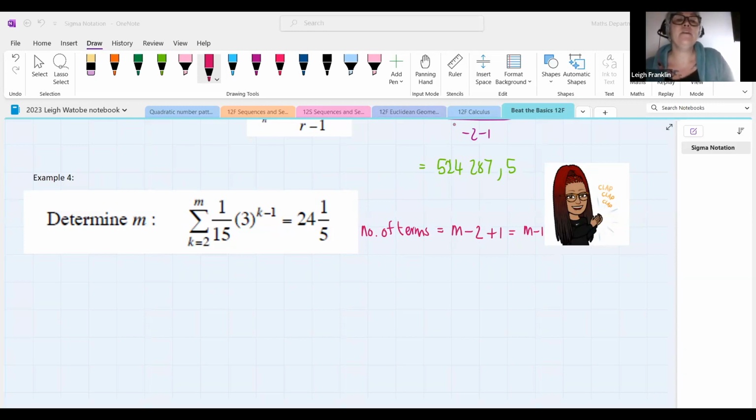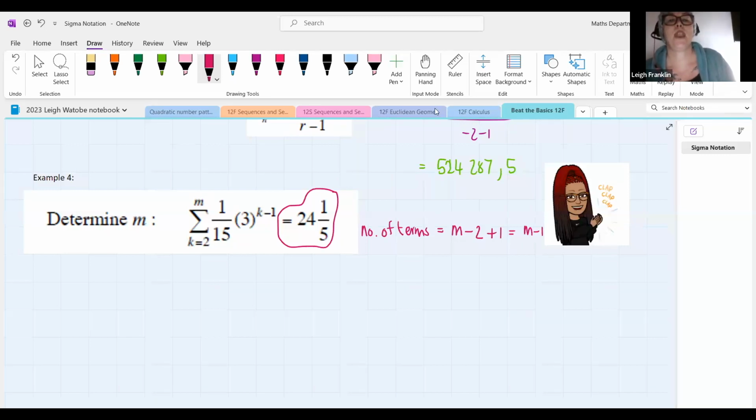The other thing, what does this bit mean that I'm busy drawing a purple circle around? Why are they now telling us that it is equal to 24 and 1 over 5? Yes, Amahle, what does that mean? Good evening, Amahle.